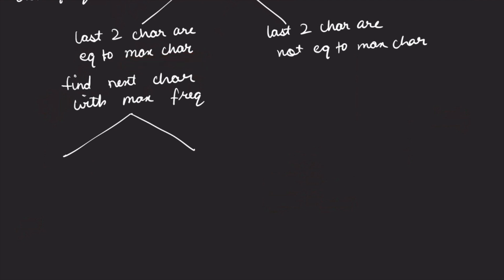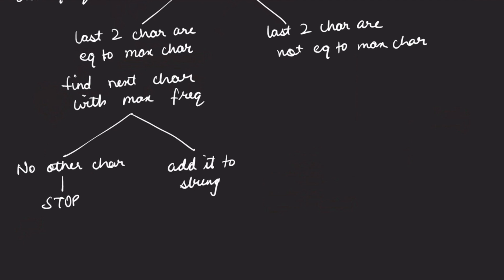In that case, we will stop, because we cannot take this maximum character further, right? And the other case is that we have another character. When we have a next character with the maximum frequency, we will add it to the string and decrease its frequency, right? So these two cases are covered.